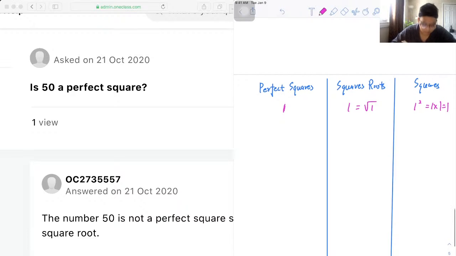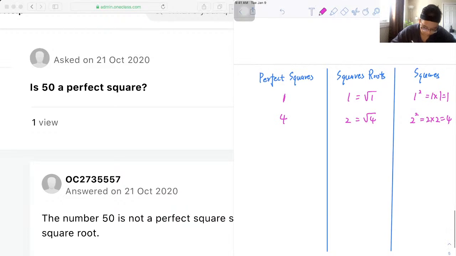And then we have 4, and 2 is equal to root 4, because 2 times 2 is equal to 4. So 2 to the exponent of 2 is just 2 times 2, which is equal to 4. And then we have 9, where if we take the square root of 9, it's going to be equal to 3. In other words, 3 to the exponent of 2 is going to be equal to 9.